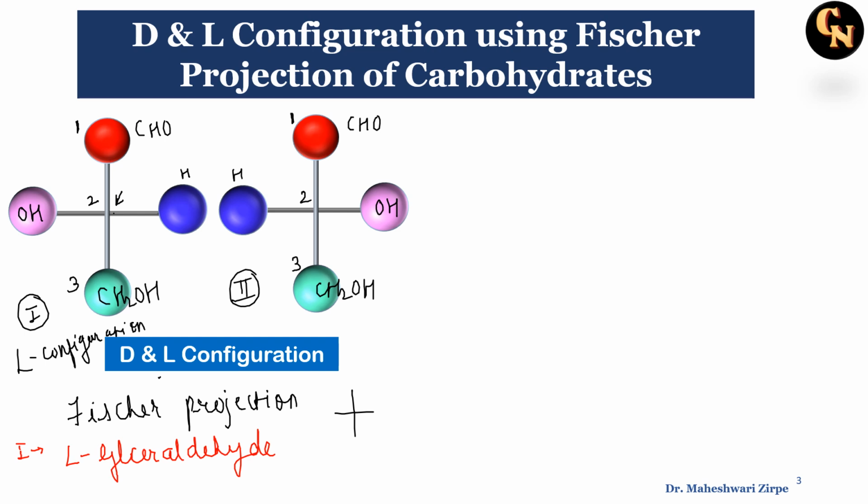Similarly the second structure, because OH is on the right hand side. See here, OH is on the right hand side, so it will be labeled as D. Right hand side OH indicates D configuration, so it is D-glyceraldehyde.